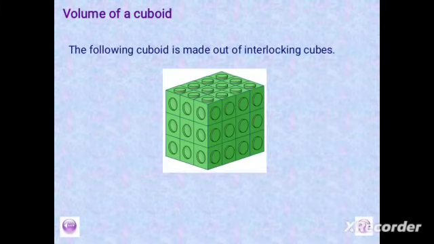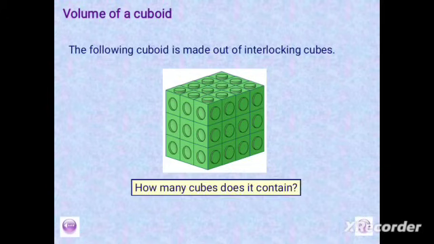Now, let's move to the volume of a cuboid. We have an example of a cuboid given below. This cuboid is made of interlocking cubes.